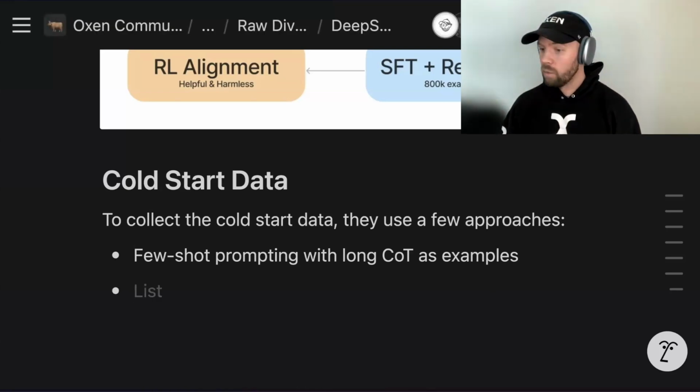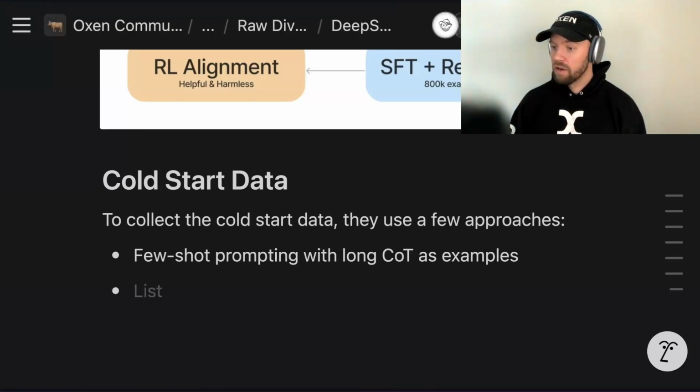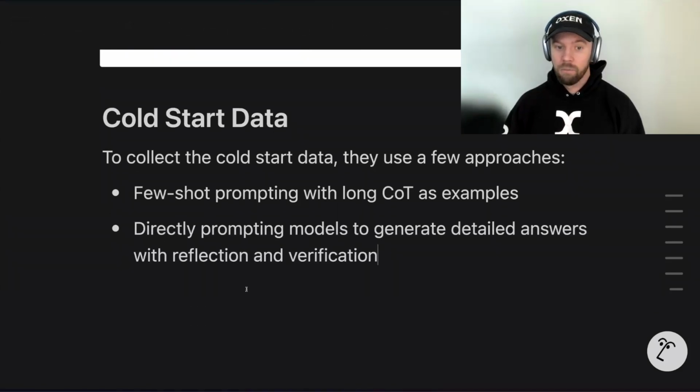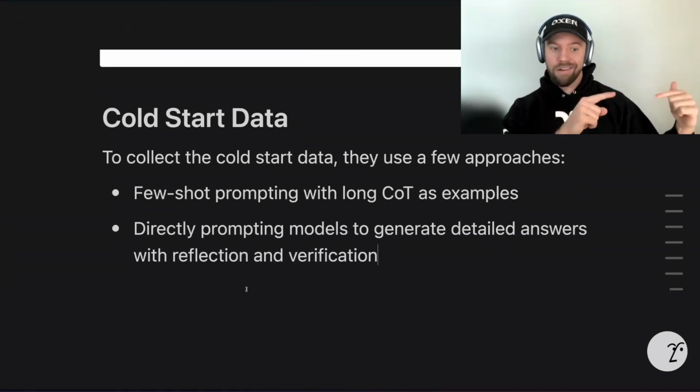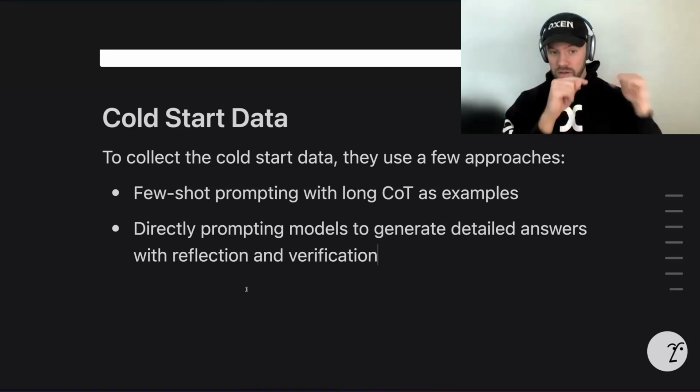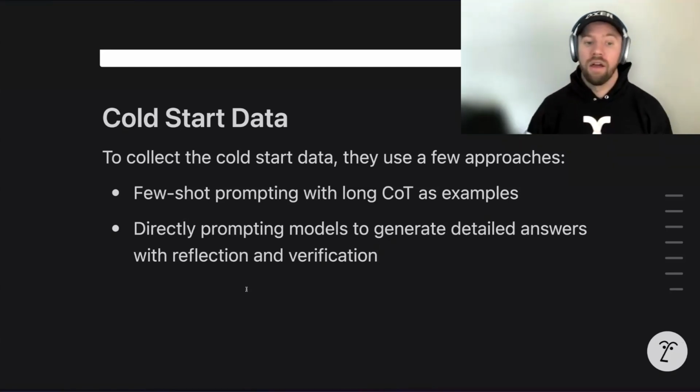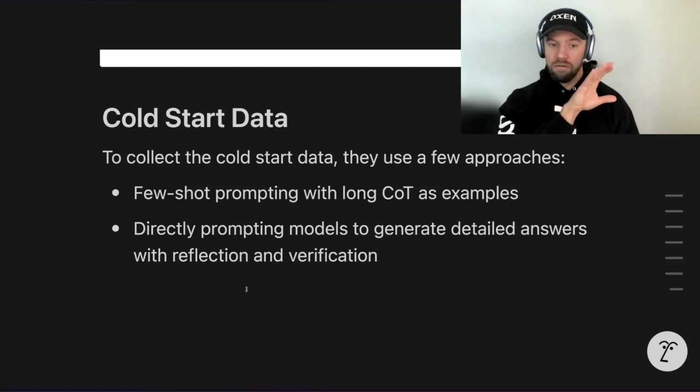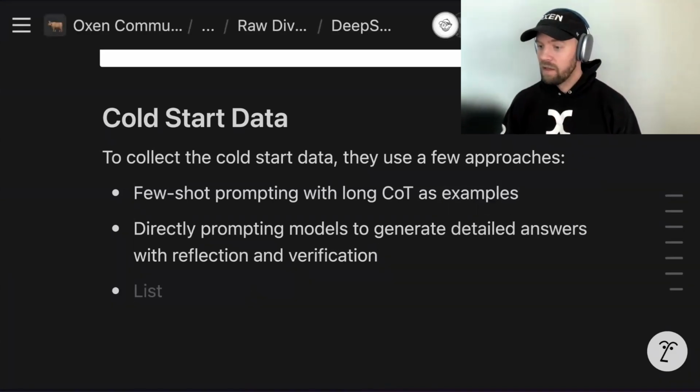So that was one way that they got the cold start data. They also did the same thing, but prompted the models to generate detailed answers with reflection and verification. So again, they're just using v3 to bootstrap data for R1.